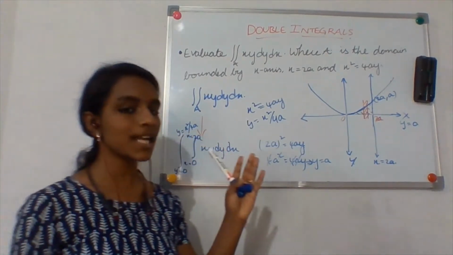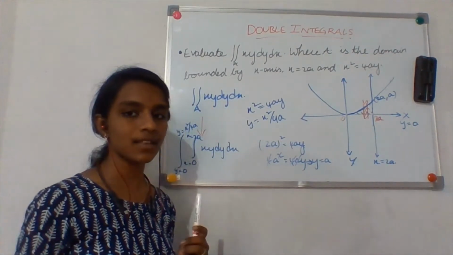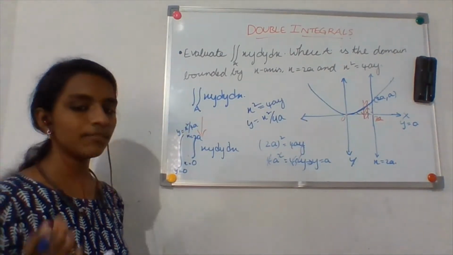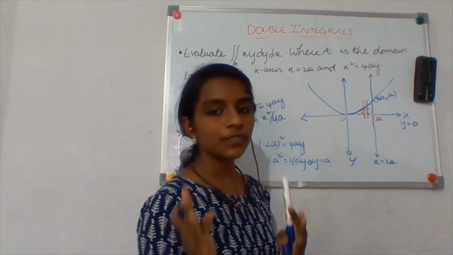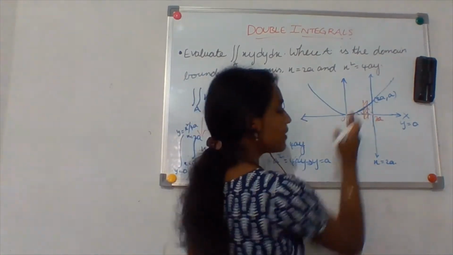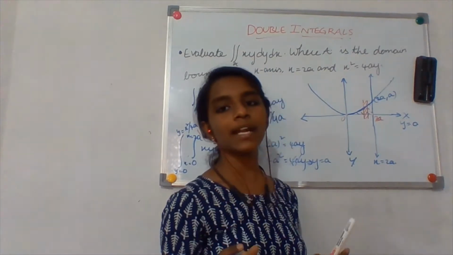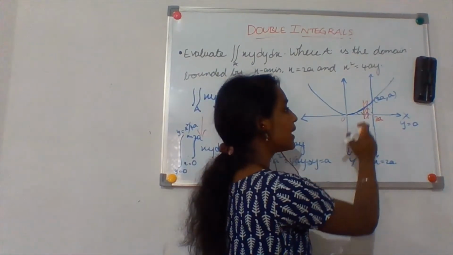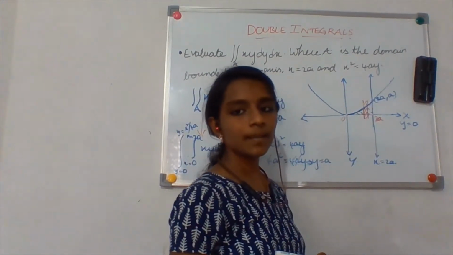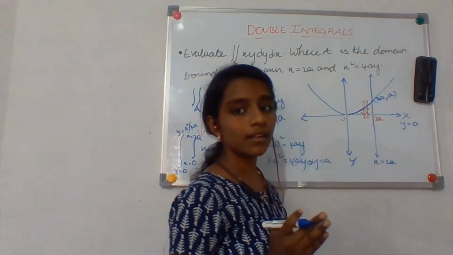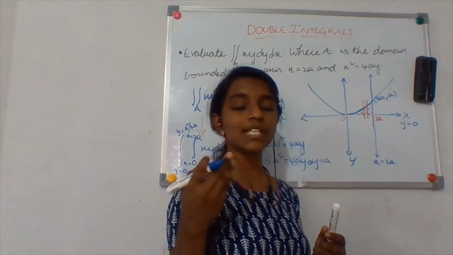Now did you all understand how we have found the limits with the help of the curves? I'll tell you once again. You have to first take a strip. It's your wish, you may take it parallel to the x-axis or parallel to the y-axis, and here I took it parallel to the y-axis. I have to see how the strip is moving with respect to x and with respect to y.